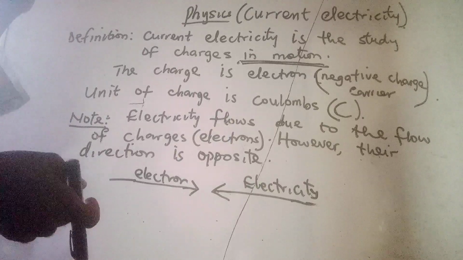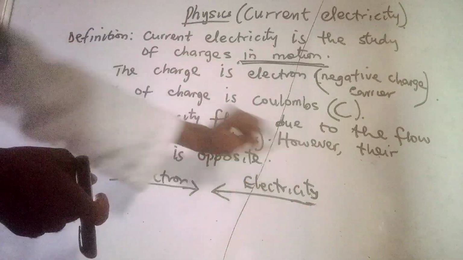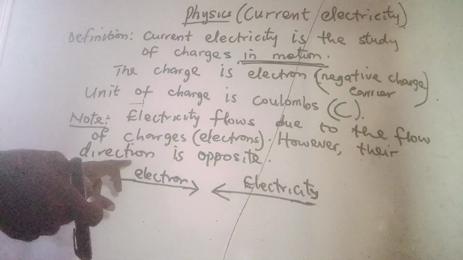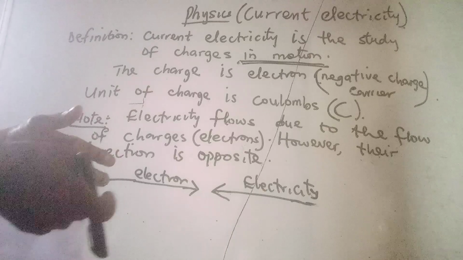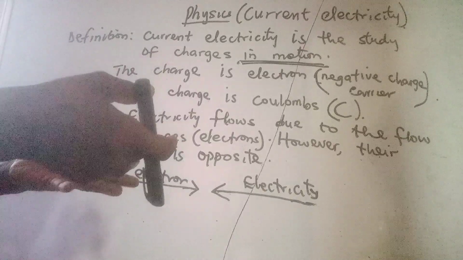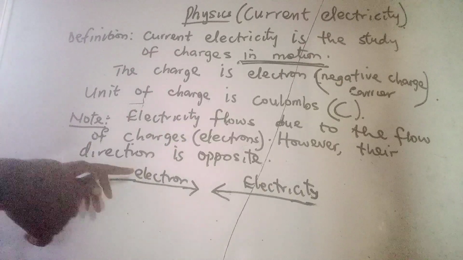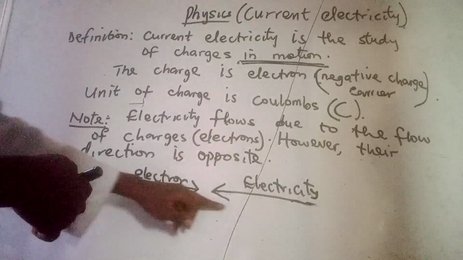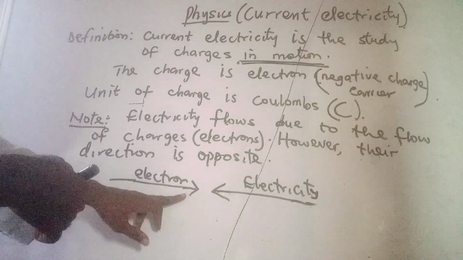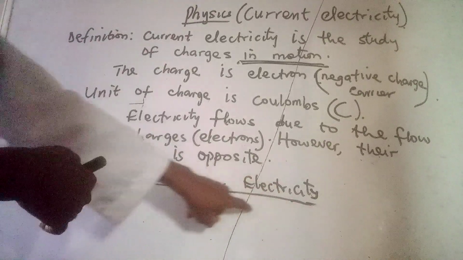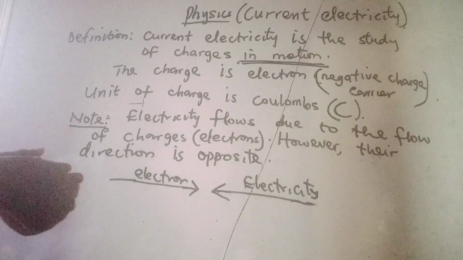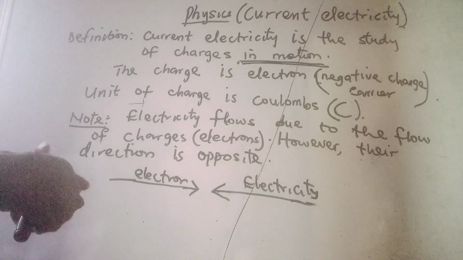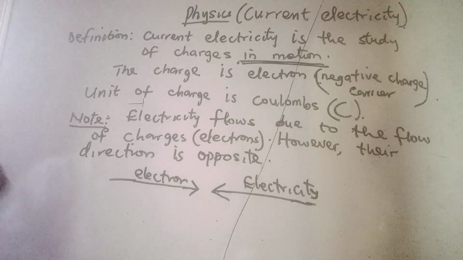But there is one thing, which is this: the direction of the electron and the electricity are always opposite. That means if electron is flowing in this direction, as the arrow indicates, electricity is flowing in this way. Let's take note of that, because we may need that knowledge under another topic.